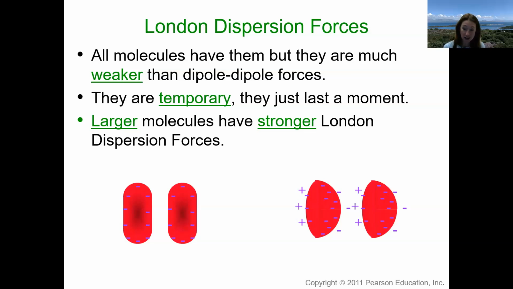The more electrons it has, the more electrons are lining up, which means the more positives are lining up. Bigger positive, bigger negative, stronger attraction between the two. Larger molecules, more electrons. More electrons, bigger positives, bigger negatives.